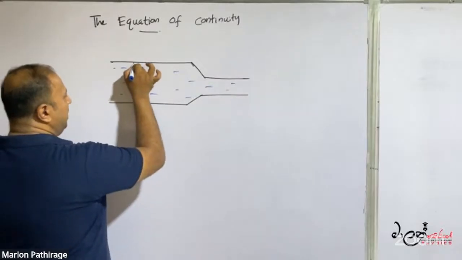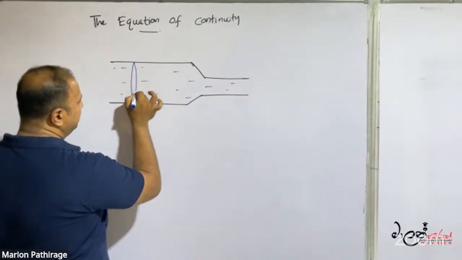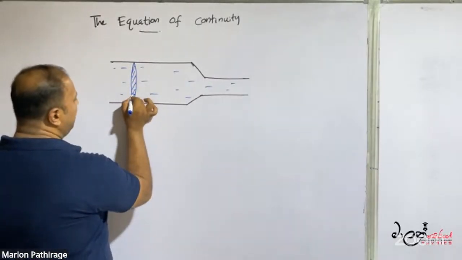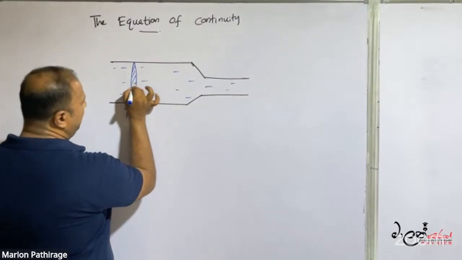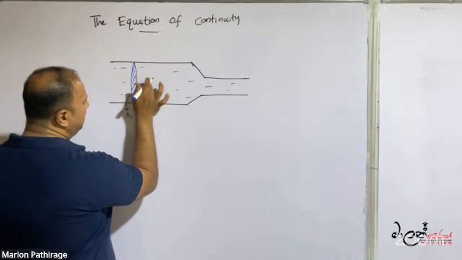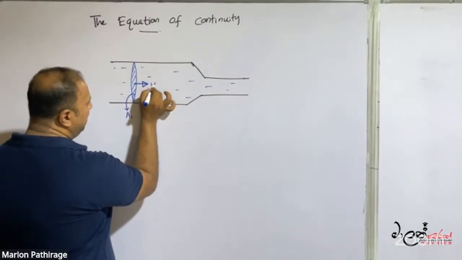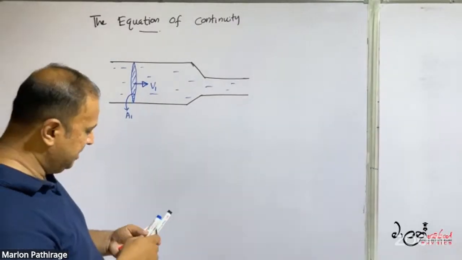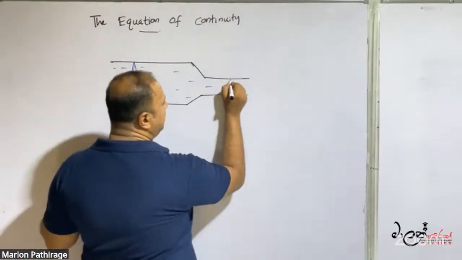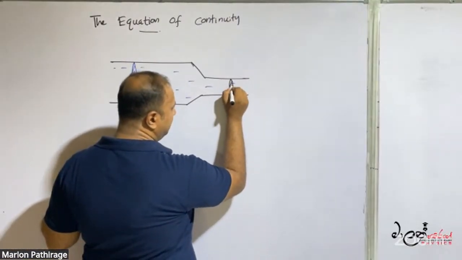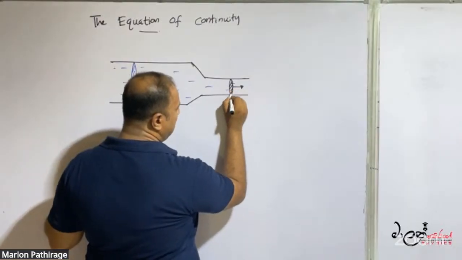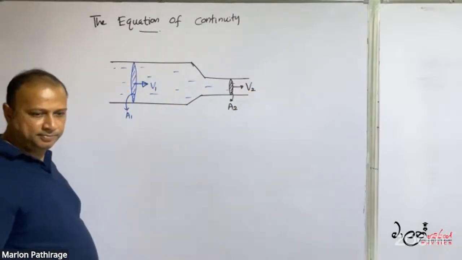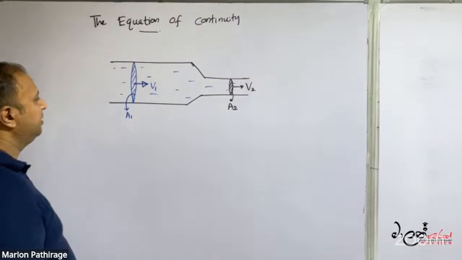So at this cross section, suppose the cross section area is A1 and the speed of fluid is V1. And suppose this cross section is A2, the speed at this position is V2.